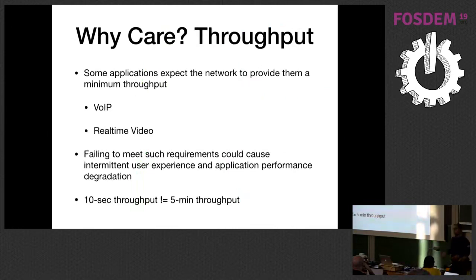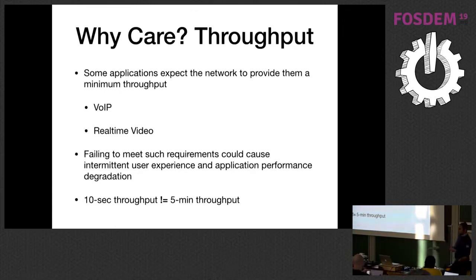Well, there are many reasons. We should care about having a high resolution, for example, to have a more accurate representation of the throughput that is received by our applications that use the network, because there are certain applications that are sensitive to the throughput. For example, VoIP calls or video streaming.